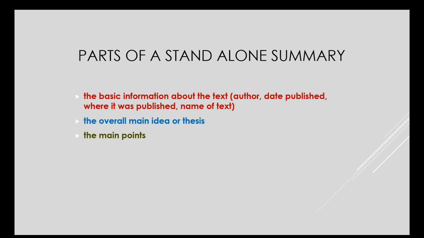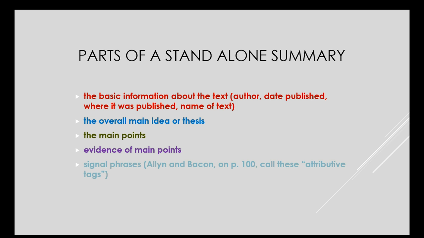Then you need to give the main points, and there could be several of those. In a standalone summary, you want to give some evidence of the main points, not details, but just kind of an explanation of what these main points are about. Signal phrases, Allen and Bacon call these attributive tags, and transitions.